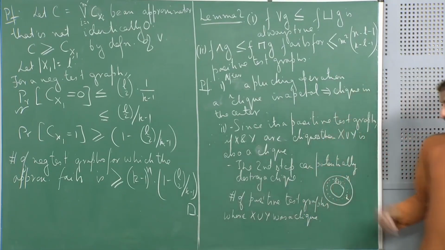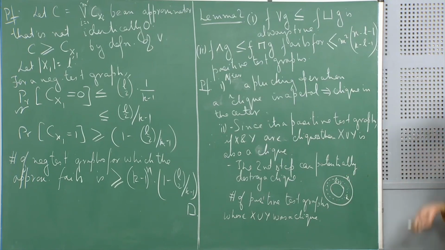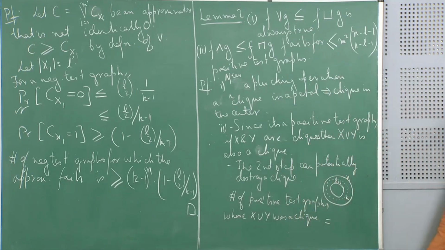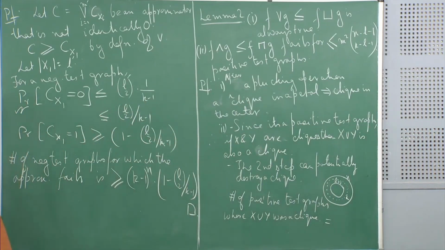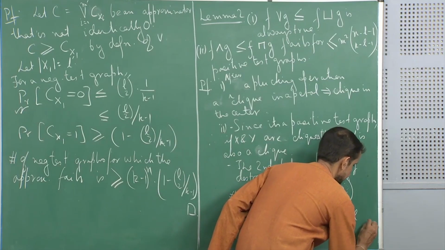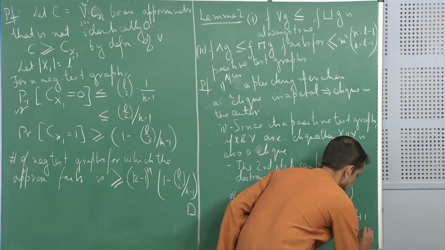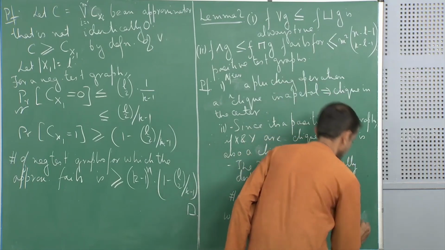How many ways can I pick these k vertices such that it contains these L plus 1 vertices, right. And what is that count? What will that be? Precisely. N minus L plus 1, choose k minus L minus 1, right, because it is L plus 1 here.